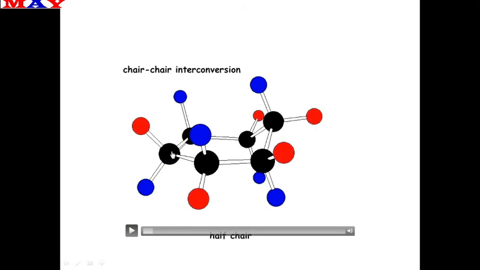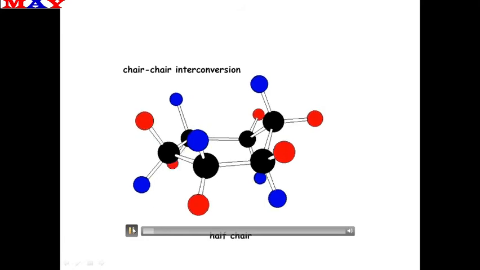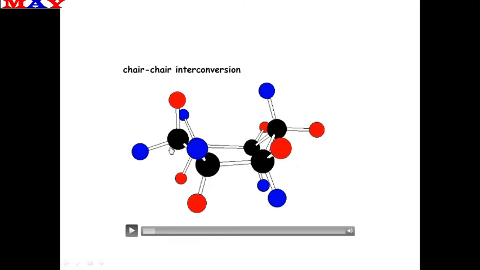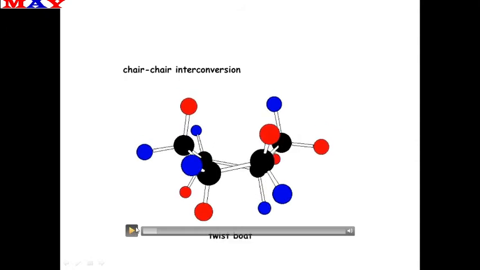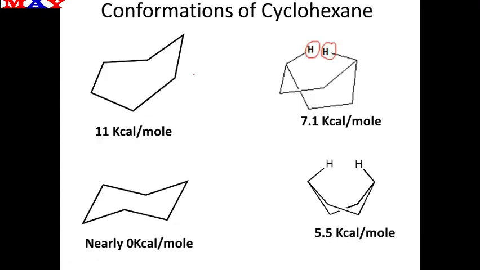Now if this part goes further up, we get a boat form of cyclohexane. So this structure looks like a boat. Then this boat gets twisted, so we get a twisted boat form. So basically cyclohexane exists in 4 different conformational isomeric forms.